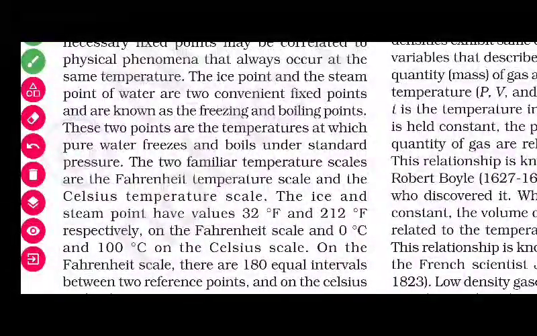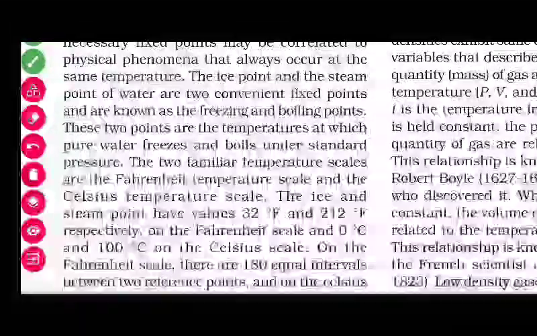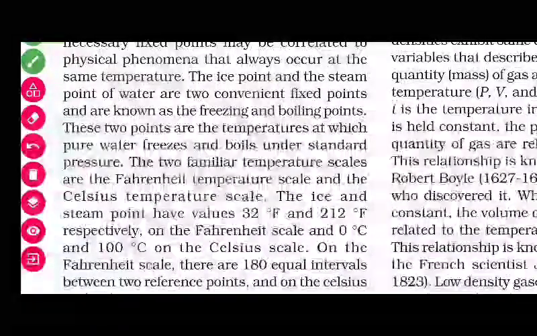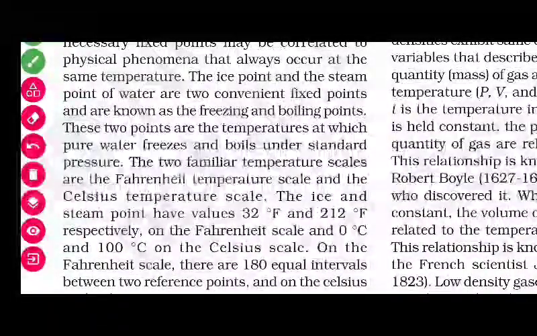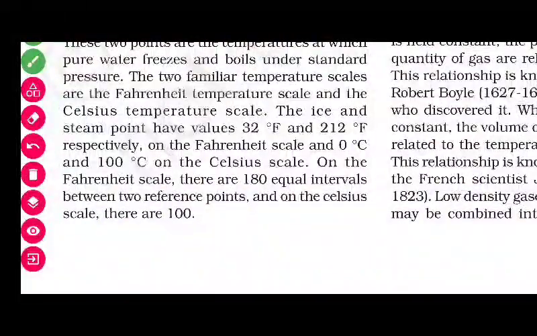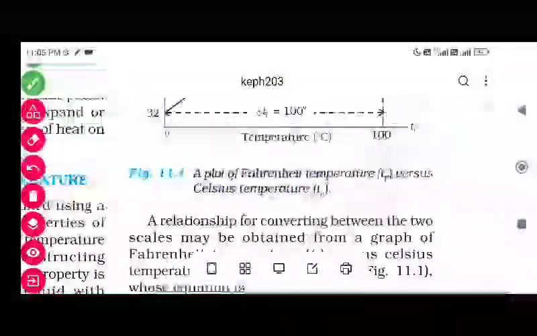The ice and steam points have values 32 and 212 degrees Fahrenheit respectively on the Fahrenheit scale, and 0 and 100 degrees on the Celsius scale. On the Fahrenheit scale there are 180 equal intervals between the two reference points, and on the Celsius scale there are 100.